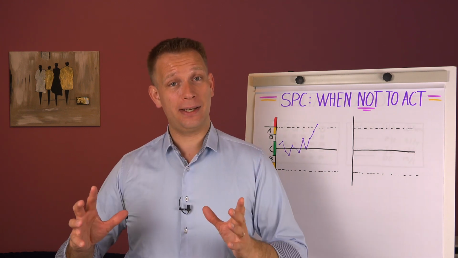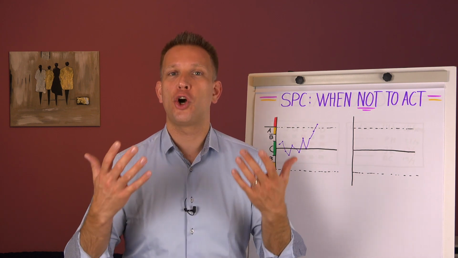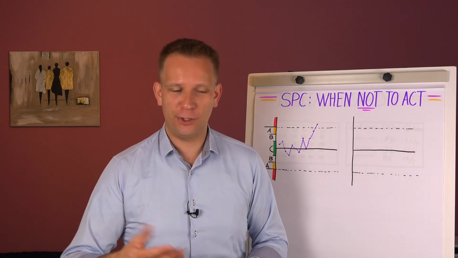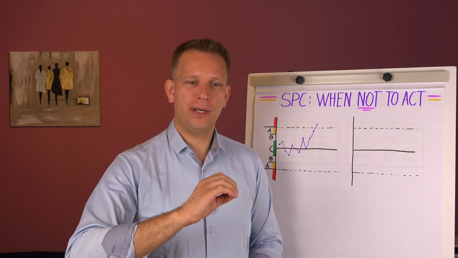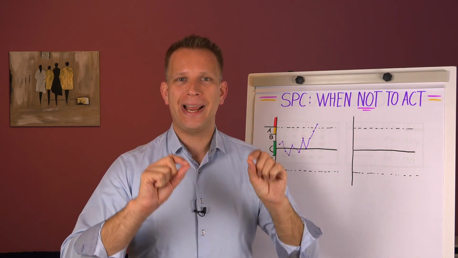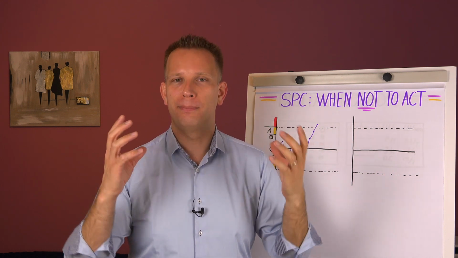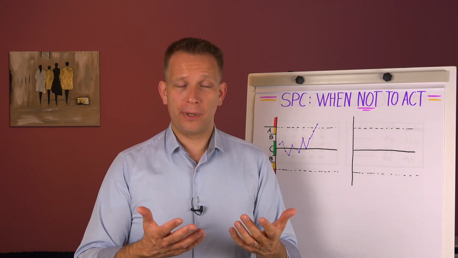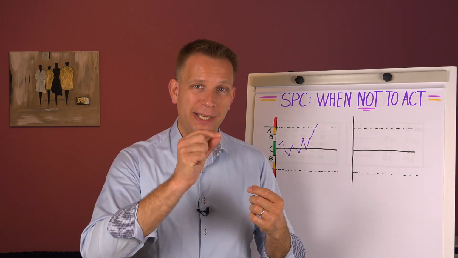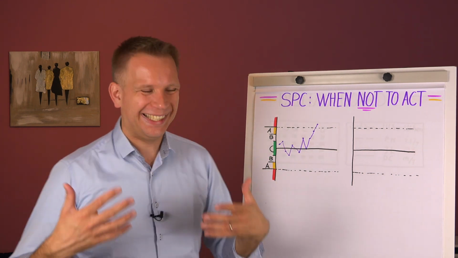So we're going to analyze our process, see what is natural, what is common cause variation in SPC terms for this process, and we're going to tell our operators to not react to any variation that is within those normal bandwidths. Now, as you know, it is more common to have a little bit of variation than it is to have those larger peaks. And that is what SPC takes into account.